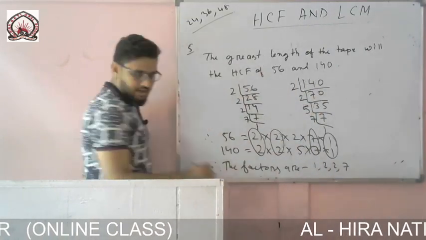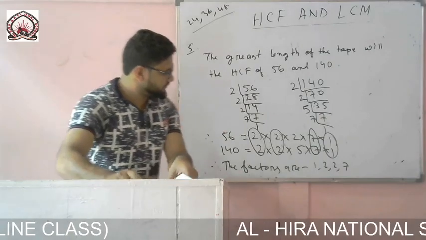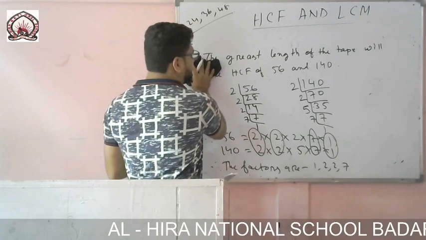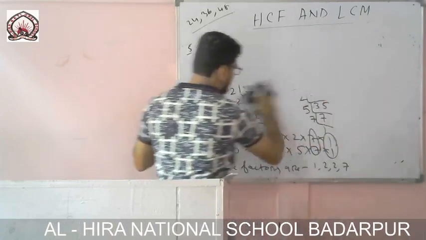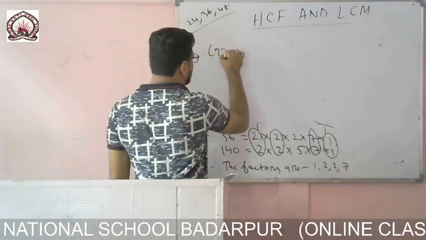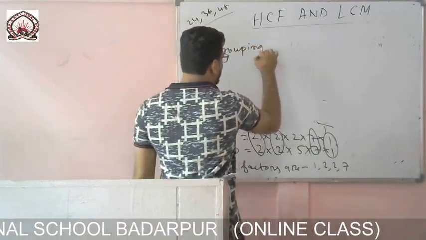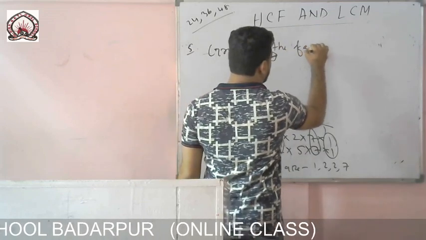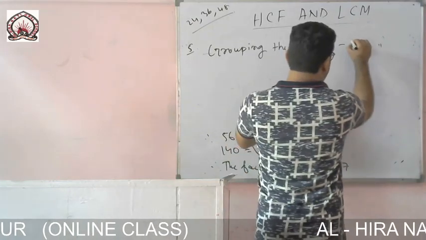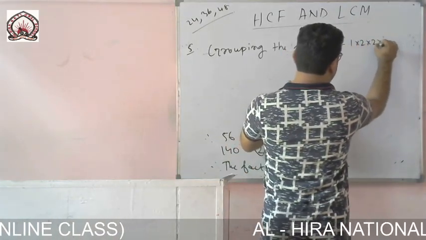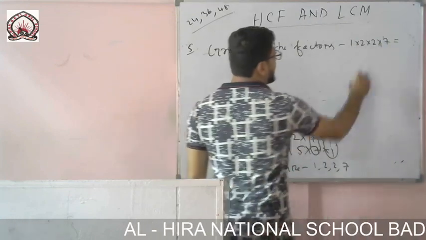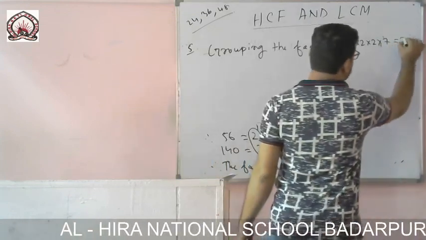Now write grouping the factors: 1 into 2 into 2 into 7. Now what will we get? 1 2 is 2, 2 7s are 14, 2 14s are 28.